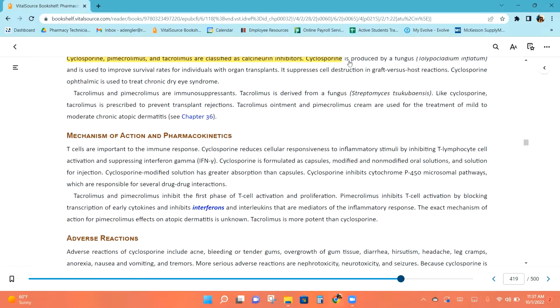Tacrolimus and pimecrolimus are immunosuppressants. Tacrolimus is derived from a fungus and it is used to prevent transplant rejections. Tacrolimus ointment and pimecrolimus cream are used for treatment in mild to moderate chronic atopic dermatitis.